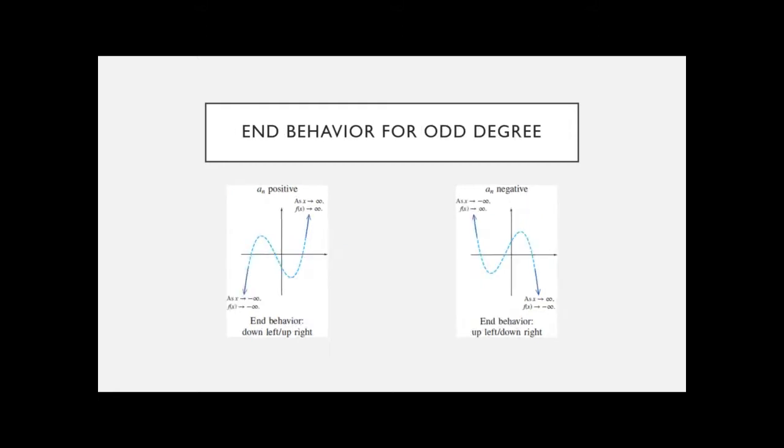Okay. So for odd, again, just understand whether it's going to go up or go down, and then use this as a guide. So if your leading coefficient is positive, what's kind of nice is that when your x goes positive, so does your y, and when your x goes negative, so does the y, so they kind of match.